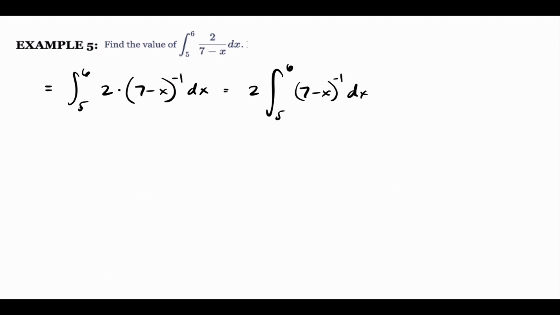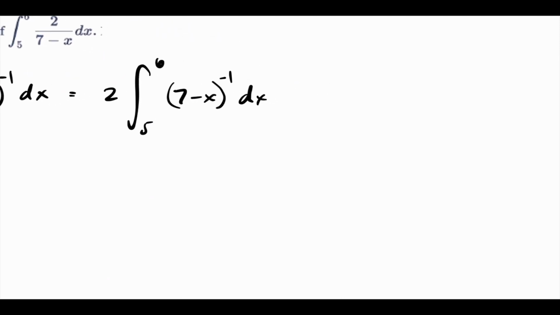Okay, now I'm here. U substitution. I only got one thing to choose, this guy right here. So u is going to be 7 minus x. du is going to be negative 1 dx.